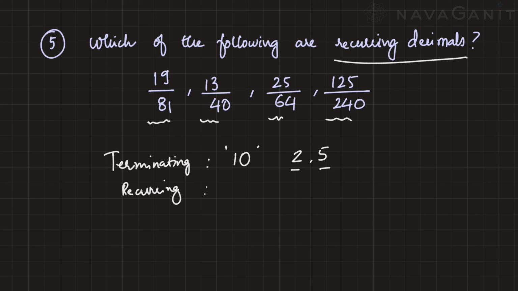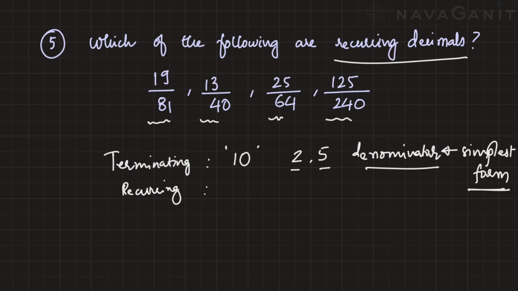These should be the only prime factors in the denominator. We take the fraction in its simplest form, and the denominator should have only 2 and 5 as the prime factors. In case there is anything else besides 2 and 5, it would be recurring.